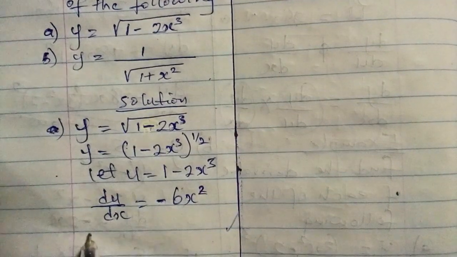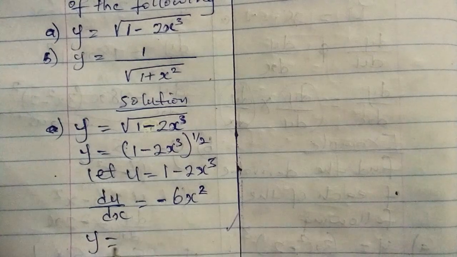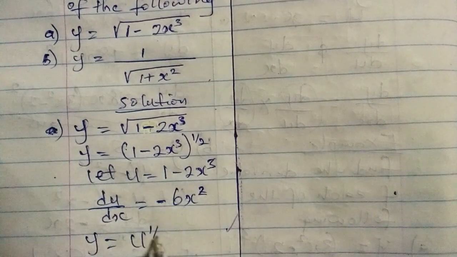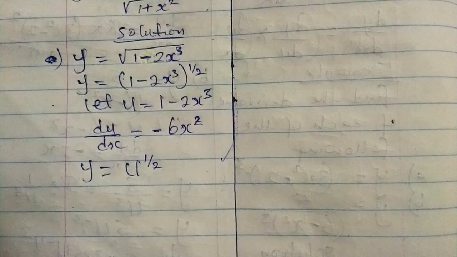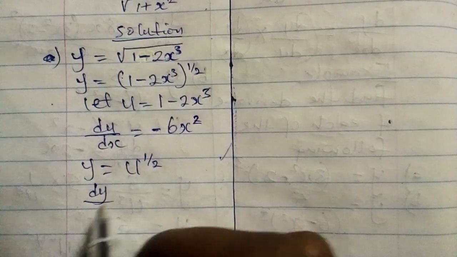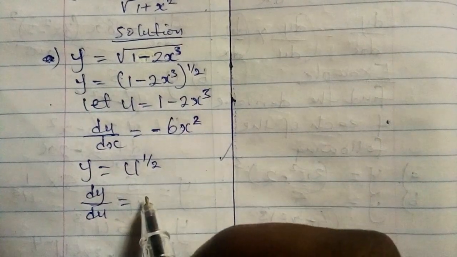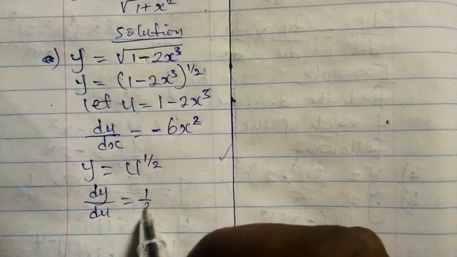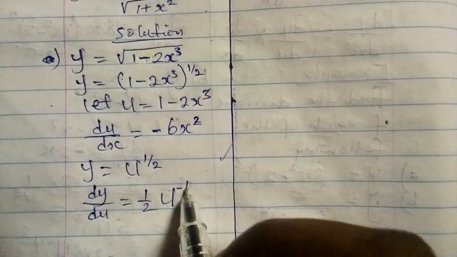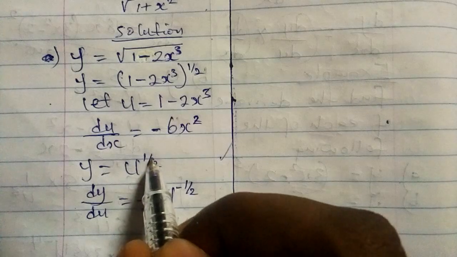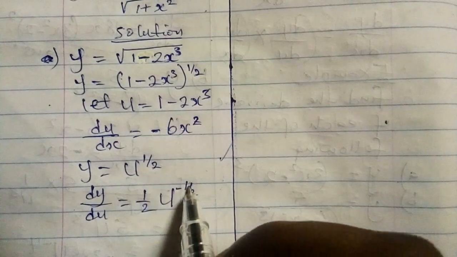Remember that according to what I taught you, we now have y equals u raised to power half. Then dy over du will give me 1 over 2 u raised to power minus half. When you subtract 1 from half, it will give you minus half.